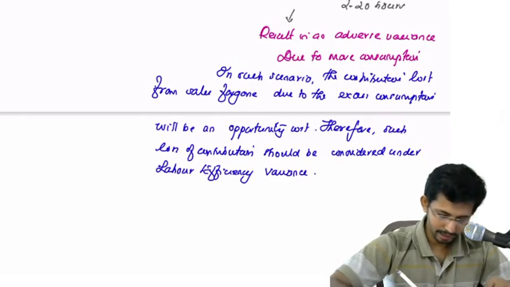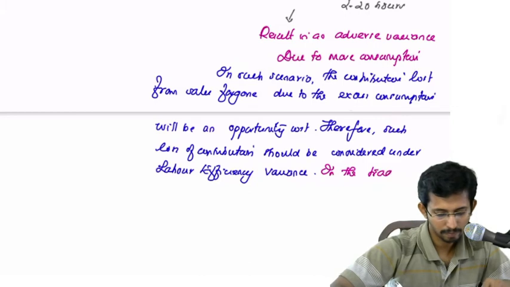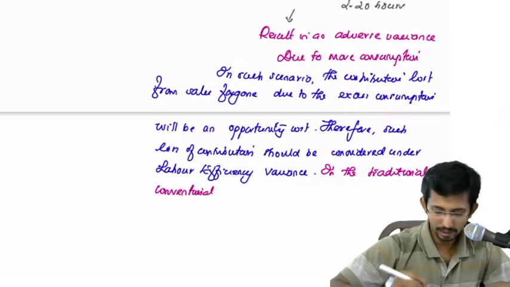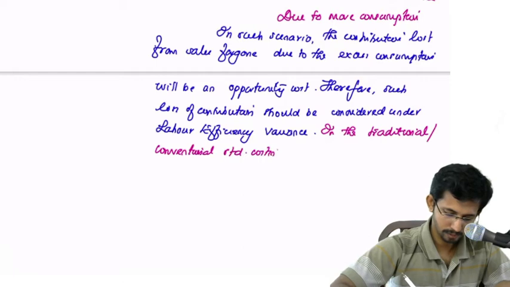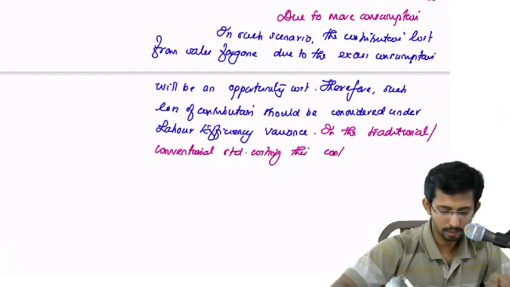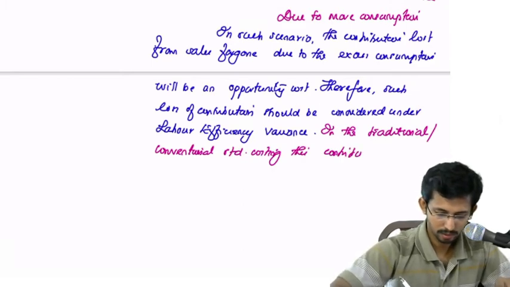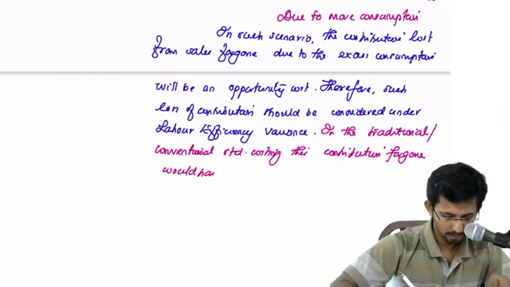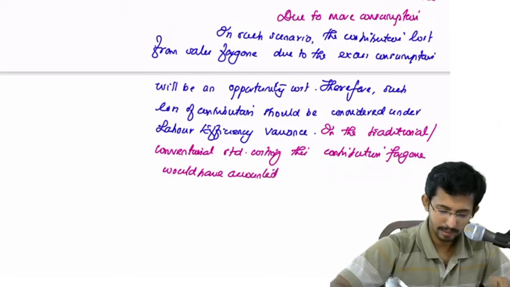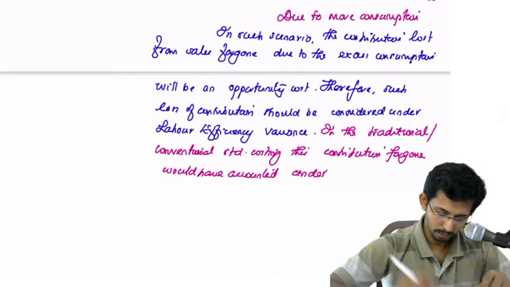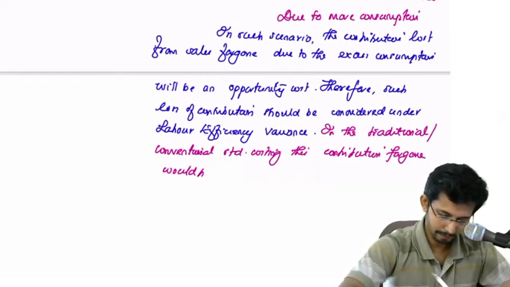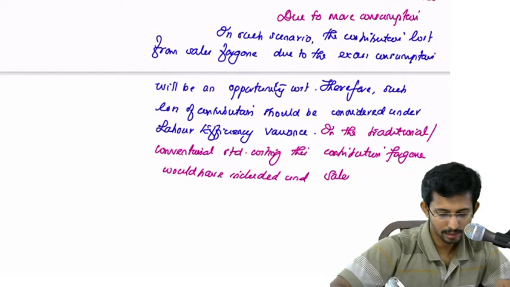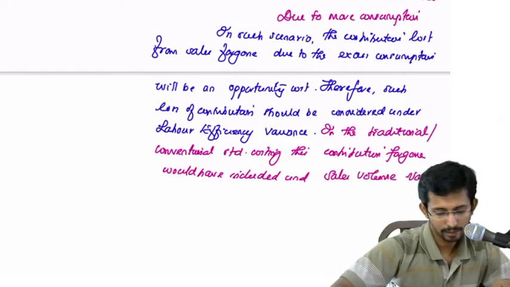You can write as a continuation, in the traditional or conventional standard costing, this contribution foregone would have been included under sales volume variance.